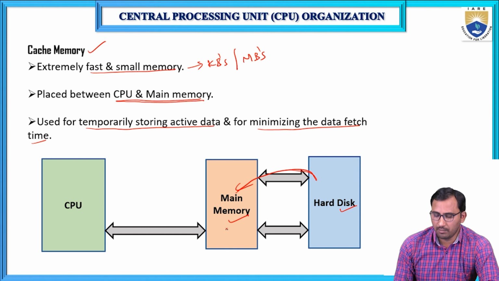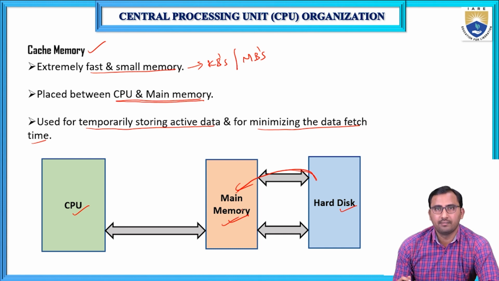But here the CPU speed and the main memory speed are different, because the CPU can execute instructions at a faster rate. That means it can execute millions of instructions per second. When you compare the speed of the main memory with the CPU, it is somewhat slower. So there is a mismatch in speeds between the CPU and the main memory.